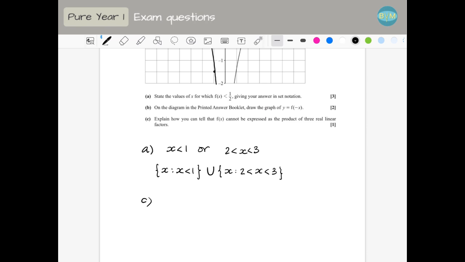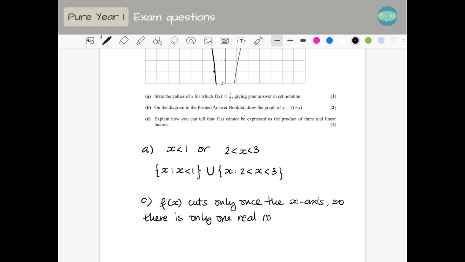It's just: f(x) cuts the x-axis only once, therefore there is only one real root, and that means that there is only one linear factor. And that's all with this question.